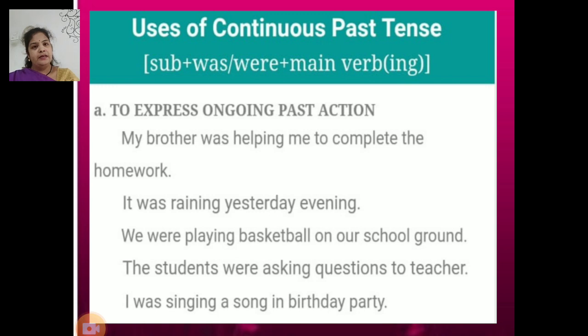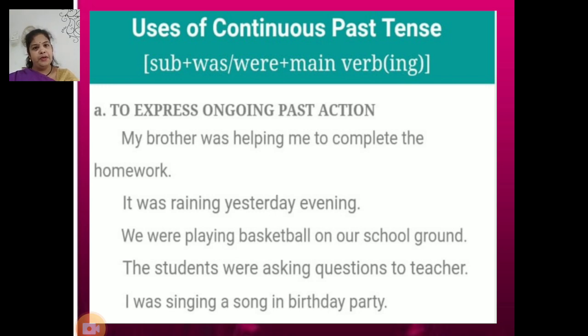Let's study the second form, continuous past tense, with its usage. The structure of continuous past tense is subject plus was or were plus main verb plus ing form. We use continuous past tense to express ongoing past action.